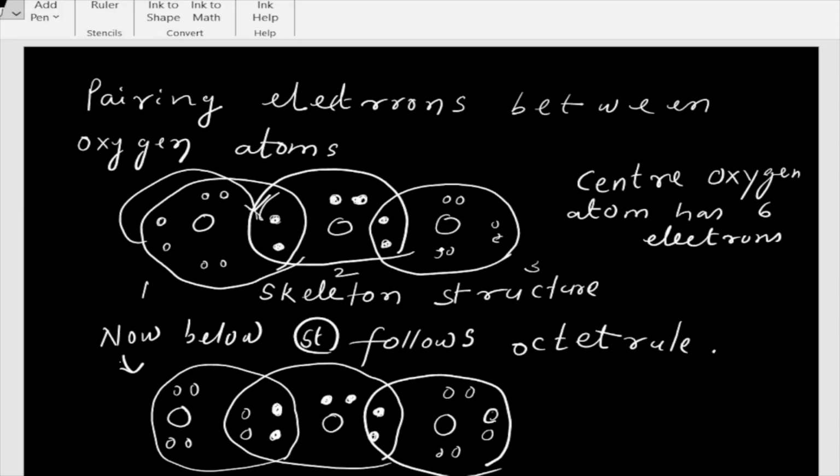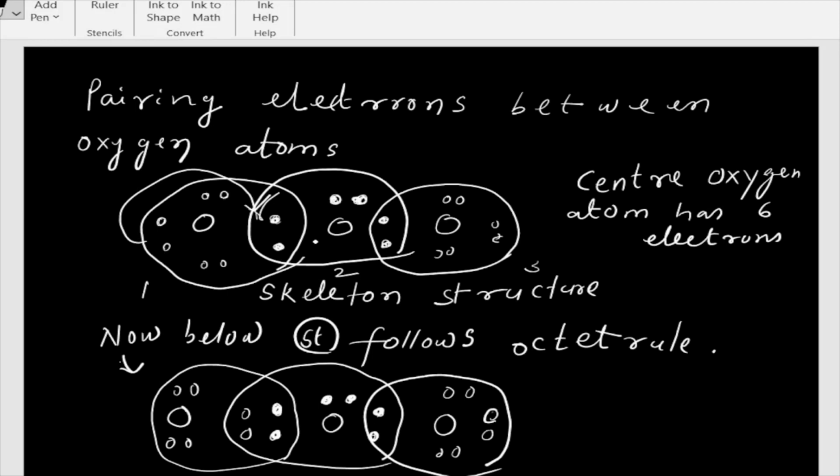I want to take 2 electrons to the middle, the central oxygen atom. These 2 electrons flow from here to this one. Or you can do it like this: these 2 oxygen atoms can flow to the center oxygen atom.